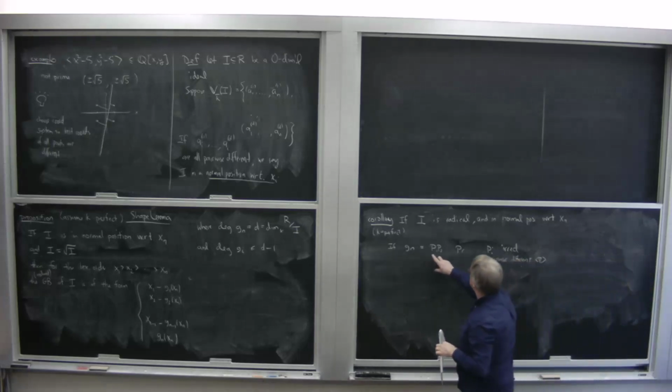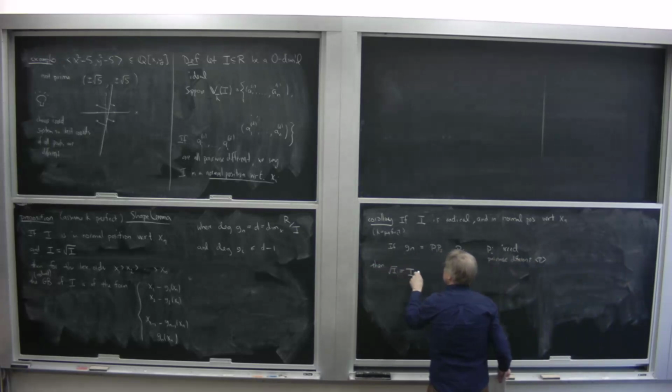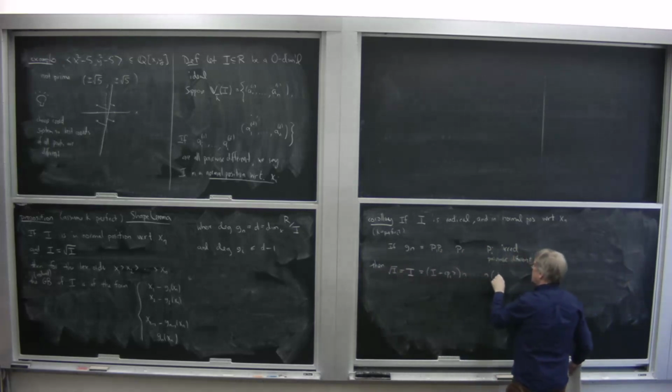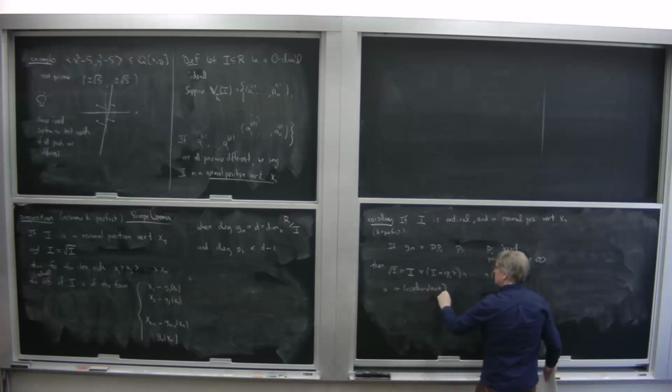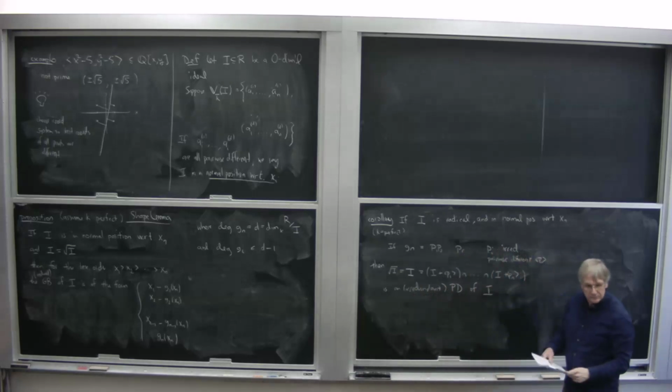So just like we were saying before, these P sub i's are pairwise different. So if G sub n is equal to this, then the radical of I, well, that is I, sorry, that is equal to I plus P1 intersect dot dot dot I plus Pn, is an irredundant primary decomposition of I. And how do you know that?